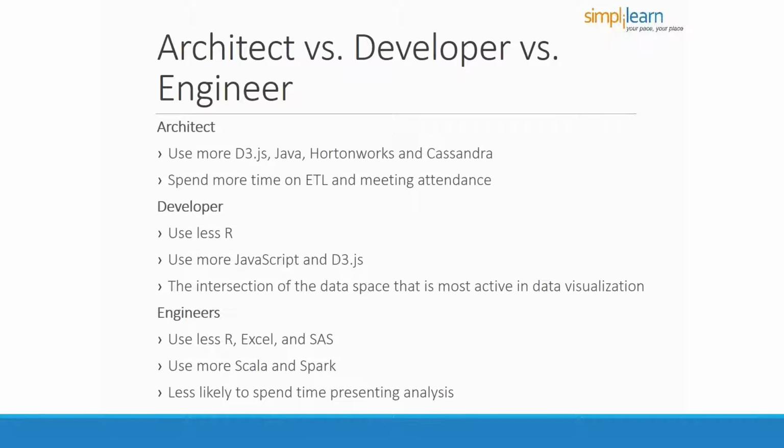And they reported, it sounds like they were working more as data visualization developers. Lastly, the engineers reported using less R, Excel, and SAS, and more Scala and Spark. They reported it was less likely to spend time presenting analysis.